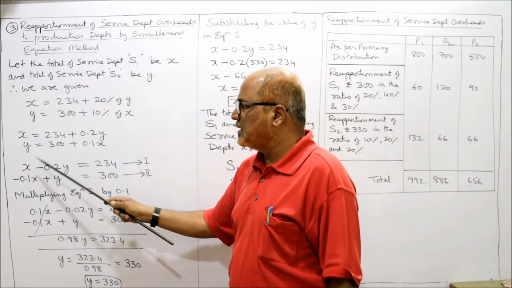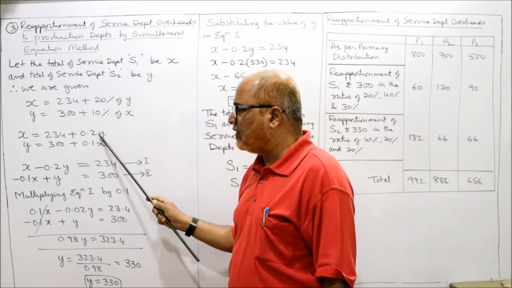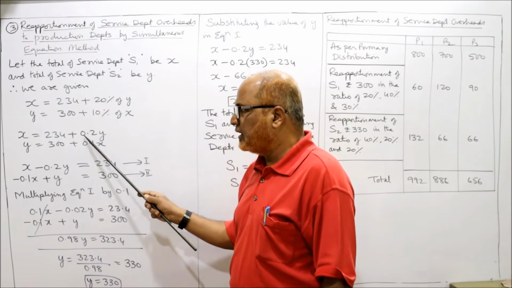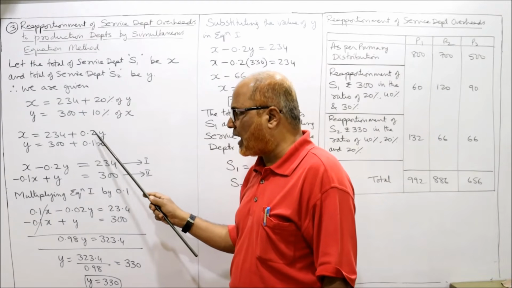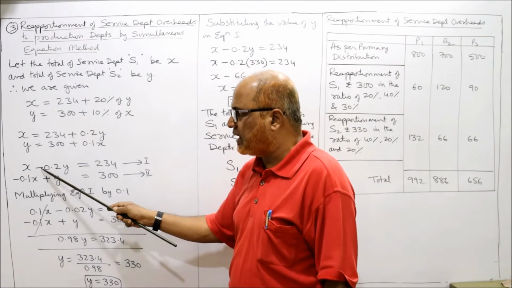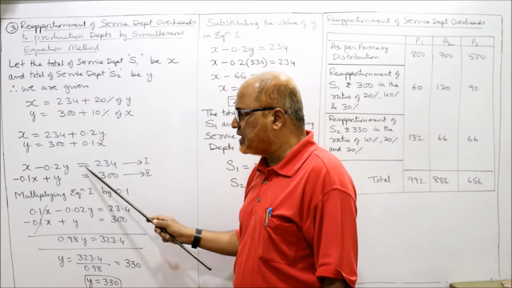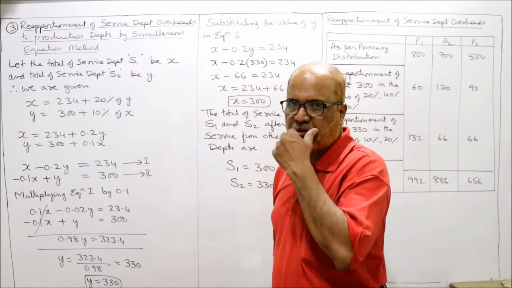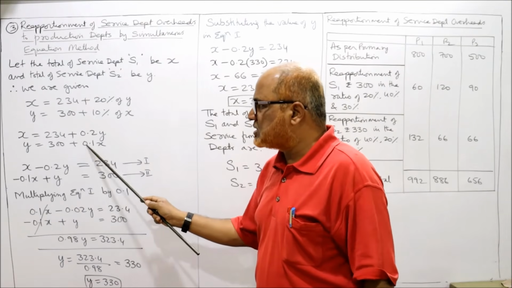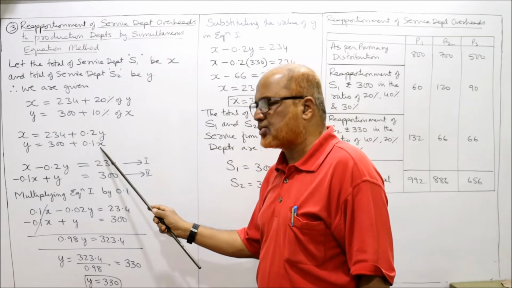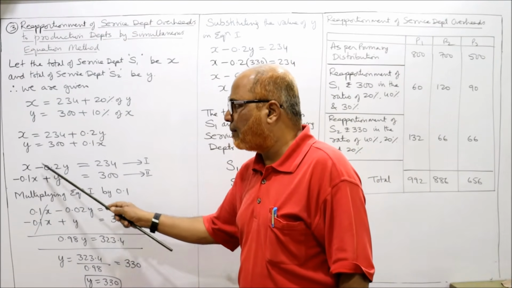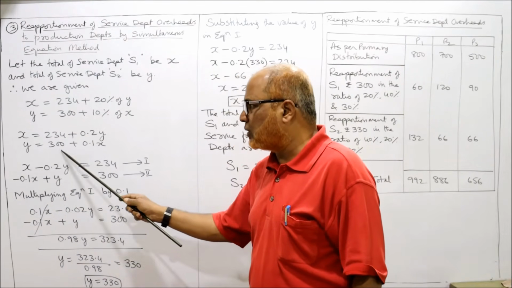Right? तो X minus 0.2 Y, जो RHS पर है इसको मैं LHS पर ले लिया तो minus 0.2 Y is equal to 234. ये पहले भी RHS अभी भी RHS. First equation. Second equation, this 0.1 X is on RHS. मैं उसको LHS पर ला लिया तो minus 0.1 X plus Y is equal to 300.